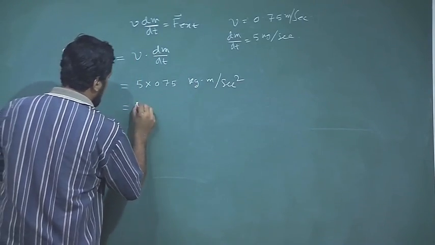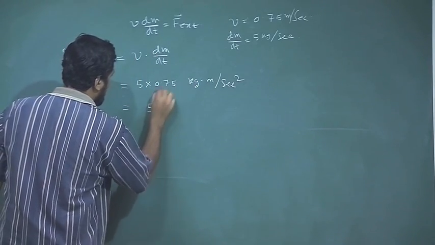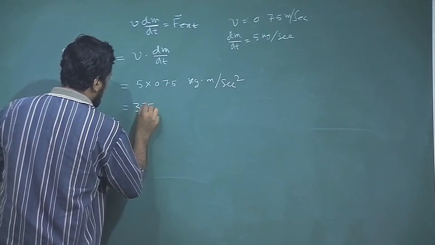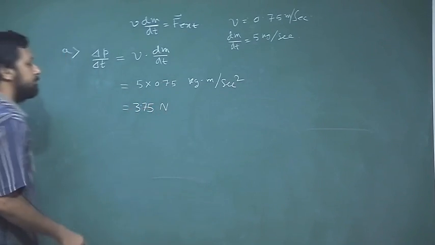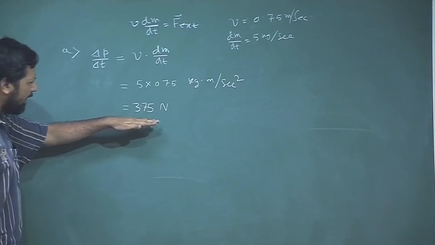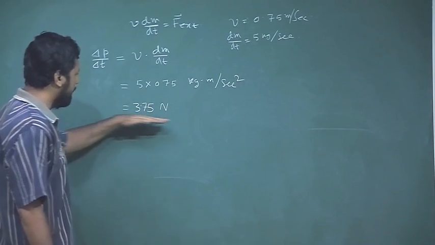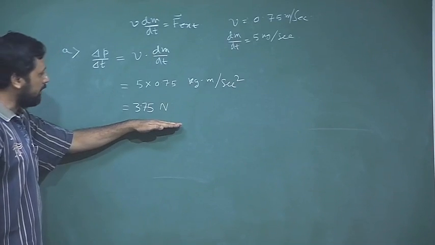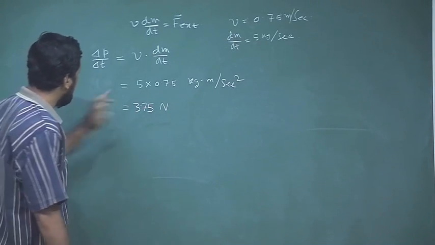So, essentially we have 3.75 Newton. It should also be equal to the external force, because the conveyor belt is moving at a constant velocity. So, this has to be equal to the external force.